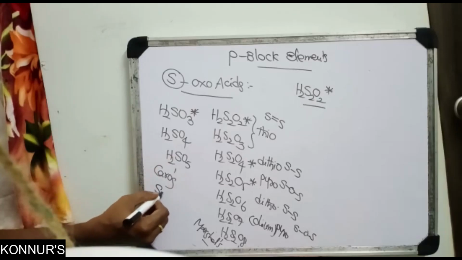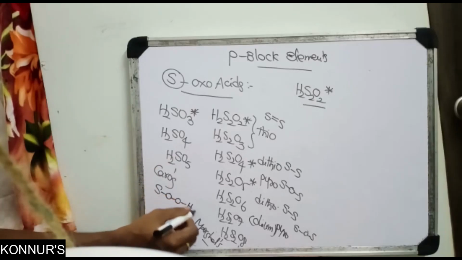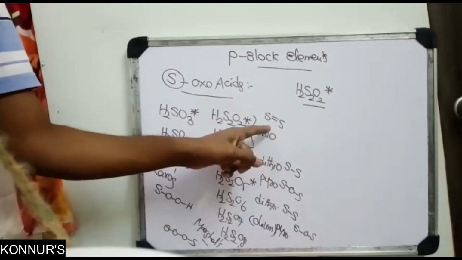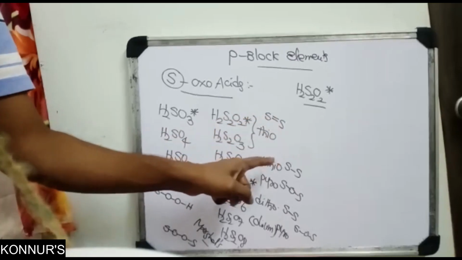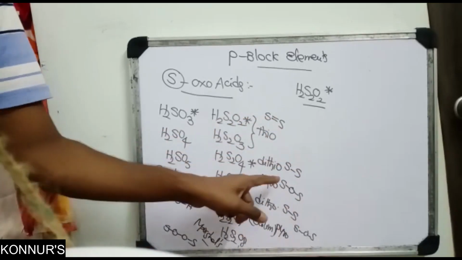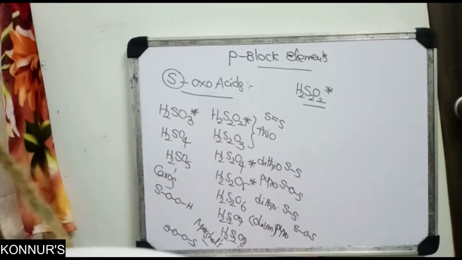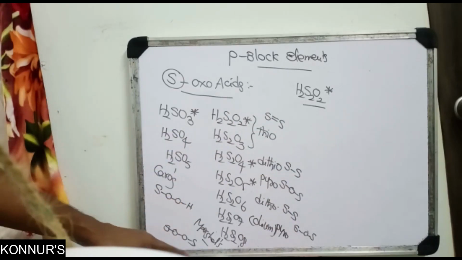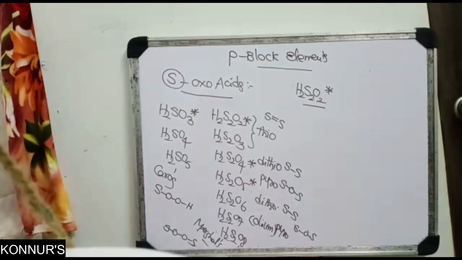Here Caro's, SOOH. Marshall's, SOOS. So direct questions in your entrance: which of the following has S double bond S? Which of the following has S single bond S? Which of the following has SOS bond? Which of the following has SOOH bond? Which of the following has SOOS bond? Like that they will ask questions.